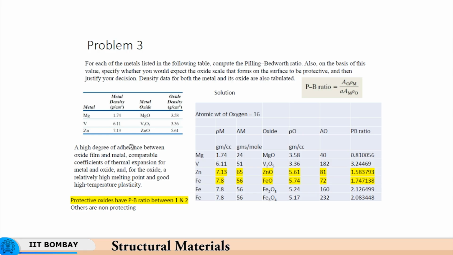The reason is that the Pilling-Bedworth ratio is more than 2. Here also for Fe3O4 the Pilling-Bedworth ratio is more than 2.08. So, these oxides, namely vanadium pentoxide, Fe2O3, Fe3O4 do not result in protective oxides, whereas here you have a good amount of protection being given.